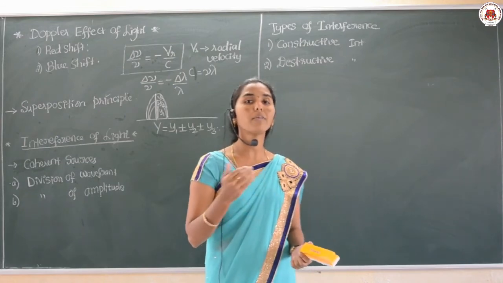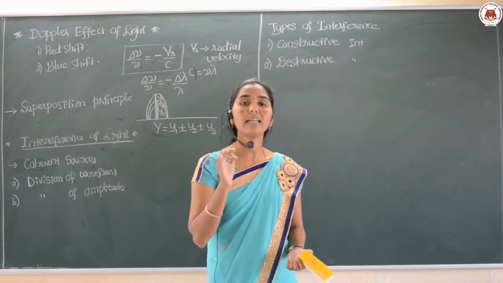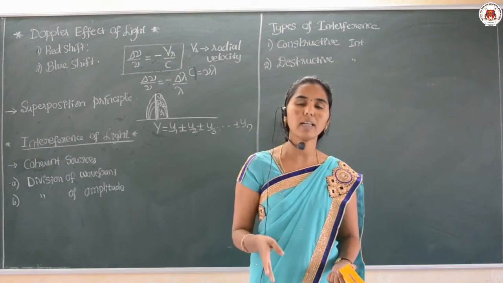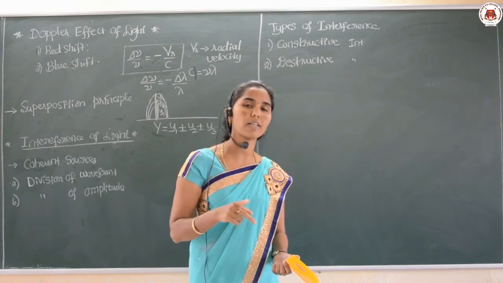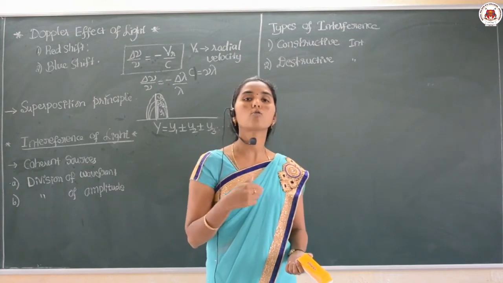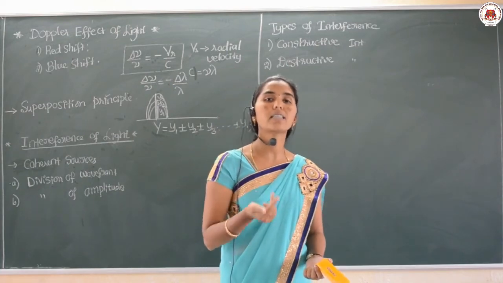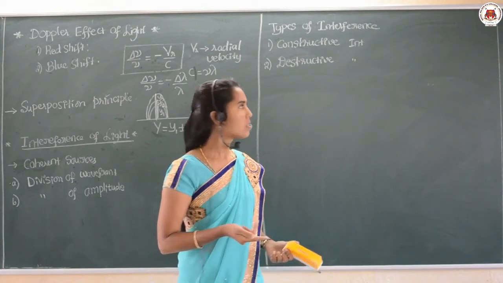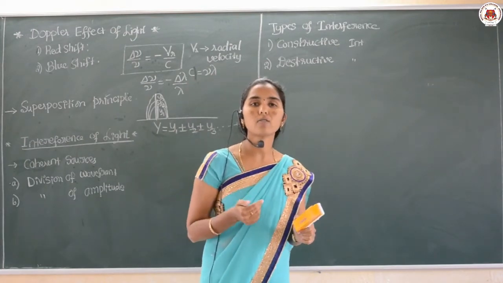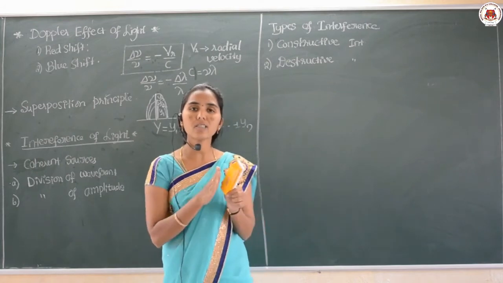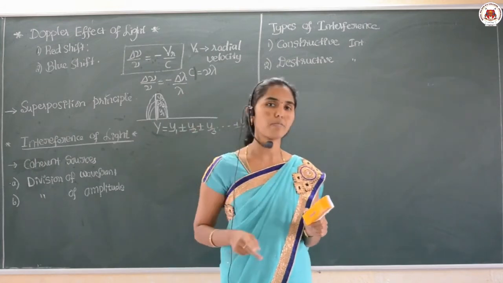Or you can also say the redistribution of the intensity of the light when two or more light waves of the same frequency and same wavelength superimpose in the same direction, right. So here the interference of the light is classified into two types.